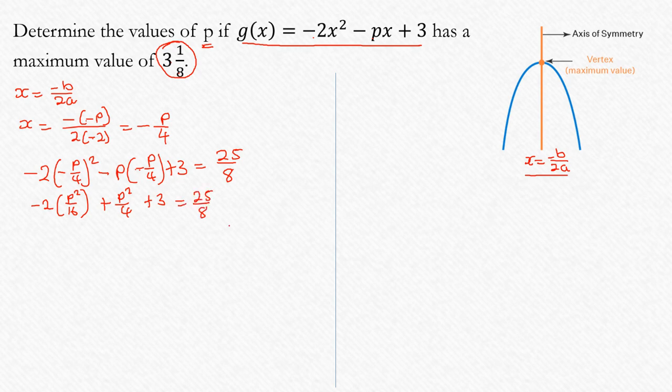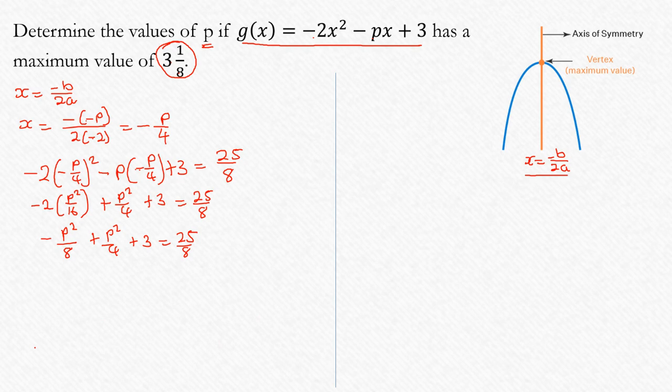Right, what do we do next? We can divide the negative 2 here, and it becomes negative p squared over 8, plus p squared over 4, plus 3, is equal to 25 over 8. There are different ways to solve equations with fractions, but I prefer multiplying everything by the LCD.